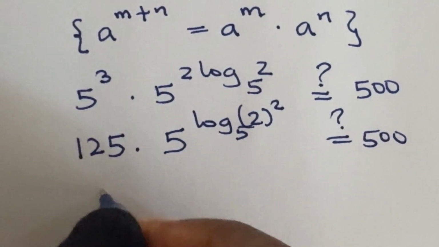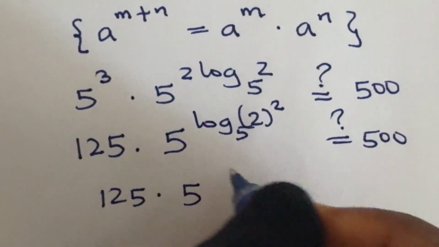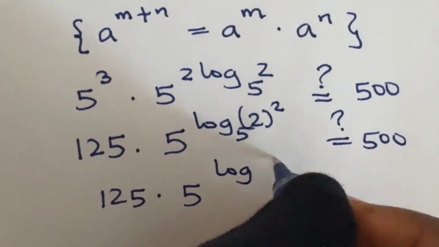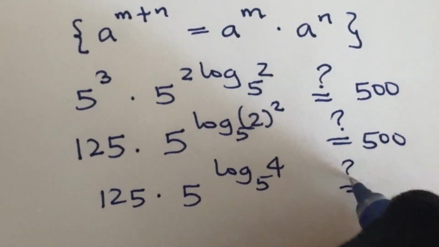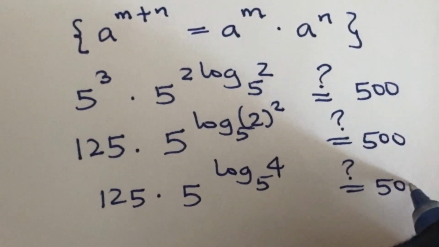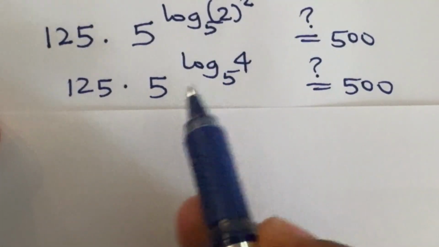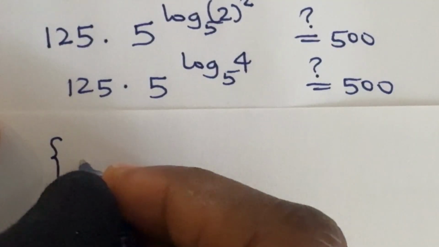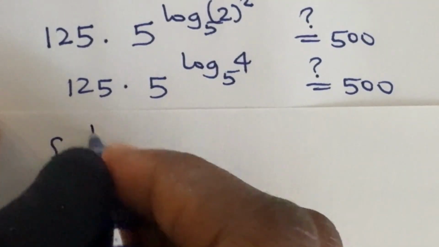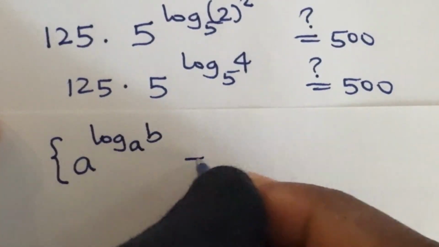And that is 125 times 5 raised to power log 4 base 5 is equal to 500. By law of logarithm, recall that a raised to power log b base a is always b.